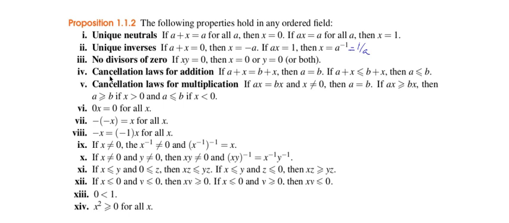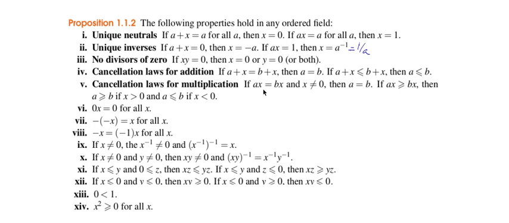Now 4, cancellation laws for addition. If you have a plus x equals b plus x, then a equals b. And if a plus x is smaller or equal than b plus x, then a is smaller than or equal than b. We had seen this before. So you can cancel these numbers, and then the cancellation law for multiplication.